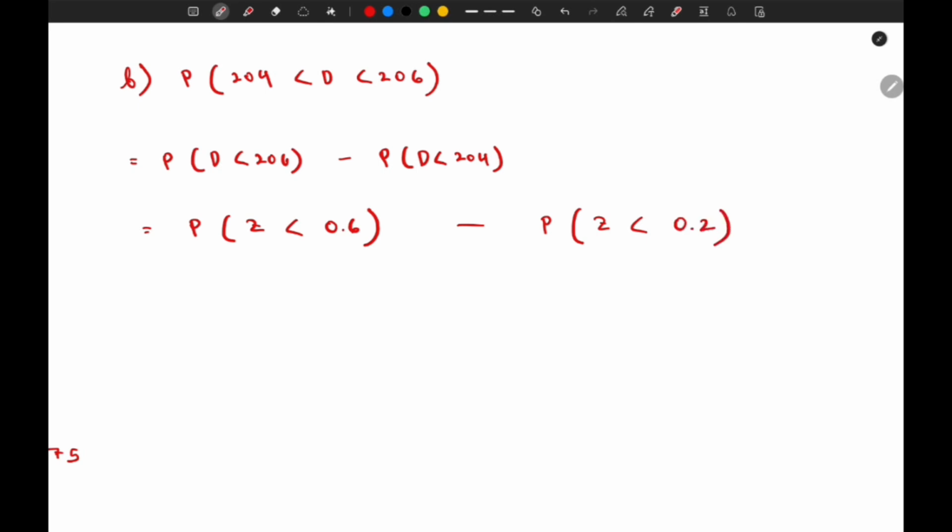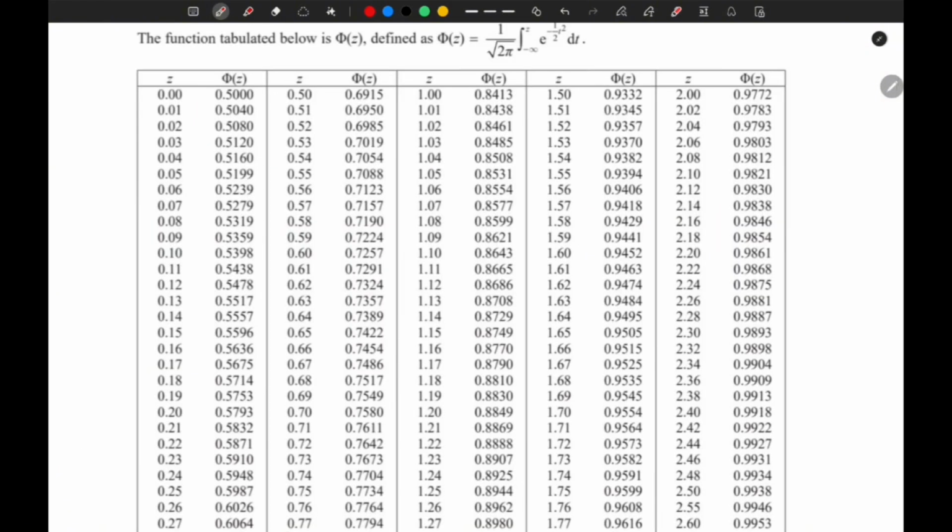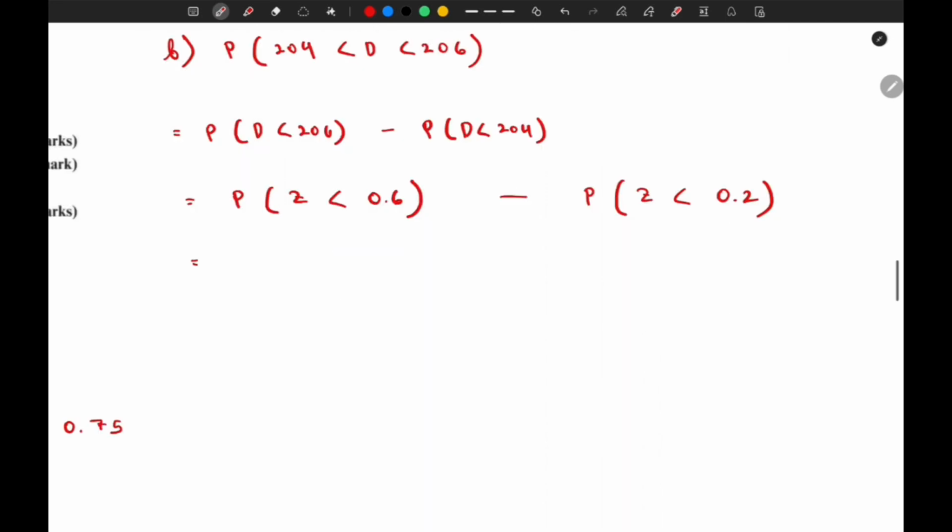Now if we go back to the statistical table, when the value of z is 0.6, the probability is 0.7257. So we can replace the first part with 0.7257.